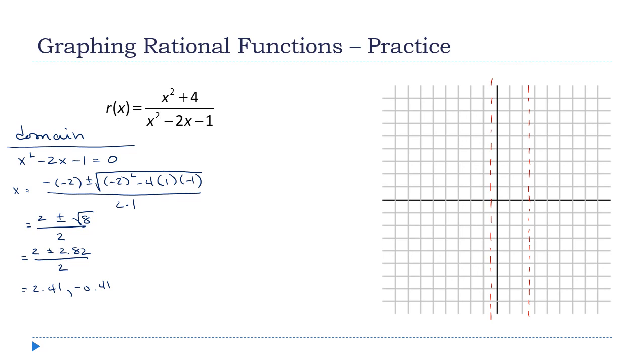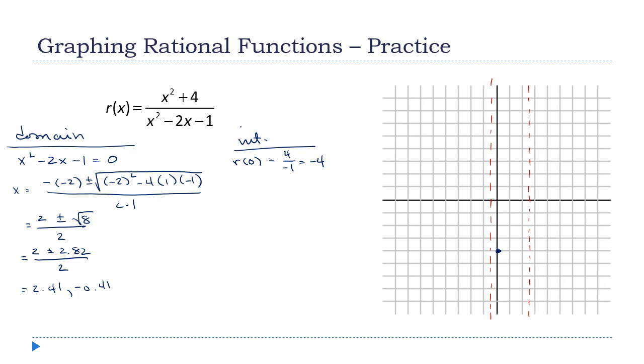Intercepts. What are the intercepts of this thing? Well, for the y-intercept, r of 0, all the x terms become 0. So this is 4 over negative 1, which is negative 4. So that's down here. Sorry, over 0, down, I know how to count, down to negative 4. Okay. Now what?